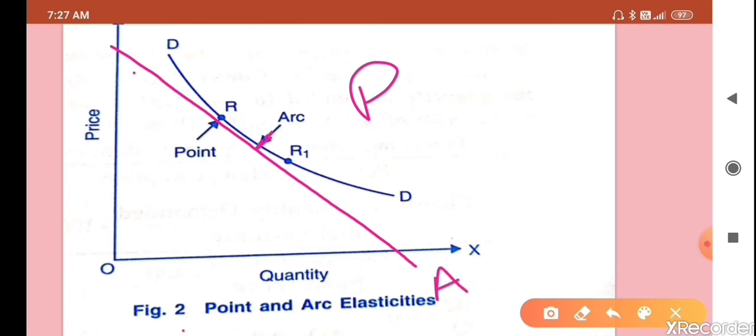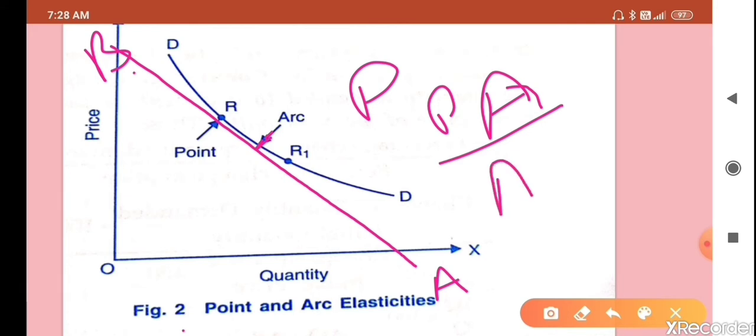Suppose the ends are A and B. So the lower section is PA upon the upper section PB. So EP will be PA upon PB. The same method applies on that particular arc.